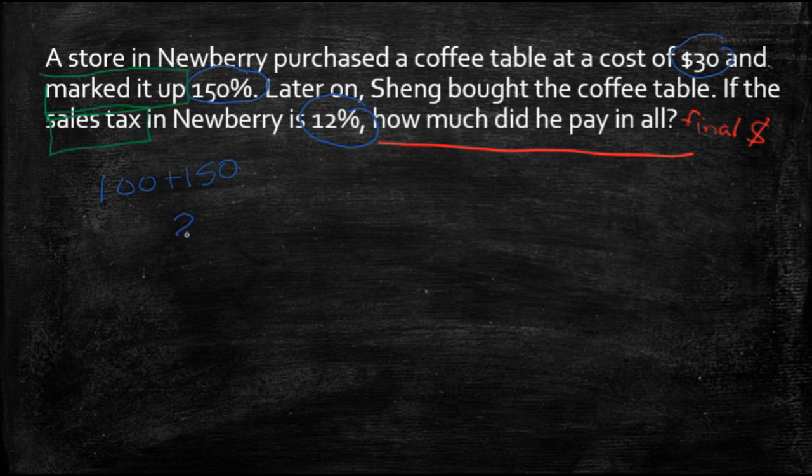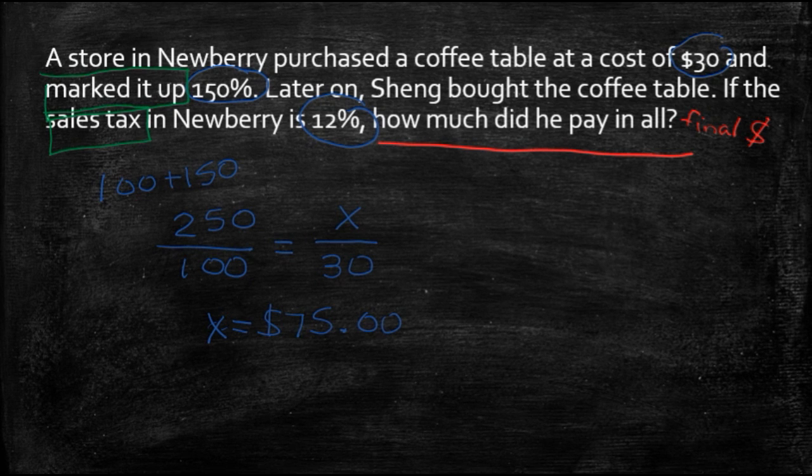So here you should have got 250 over 100, just like we always do, percent over the 100, and then you would have had, you know, the original price was $30 and you would have had X. Once you solved for X, you would have got X equals $75, but you wouldn't be finished there. That's just the answer to part 1.